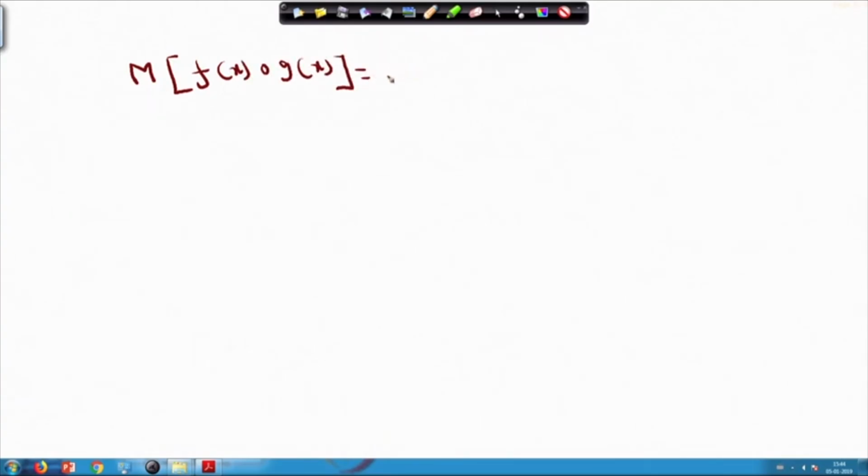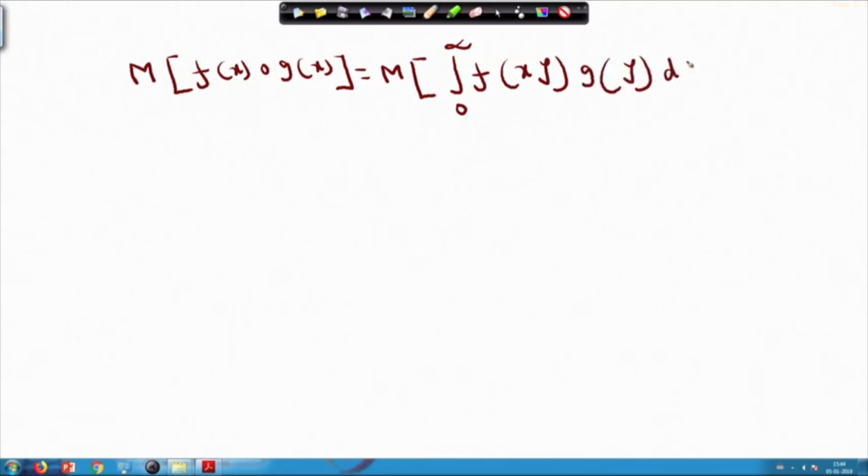Now the Mellin transform of f(x) convolution g(x) equals the Mellin transform of the integral from 0 to infinity of f(x eta), the definition has changed, into g(eta) d eta.